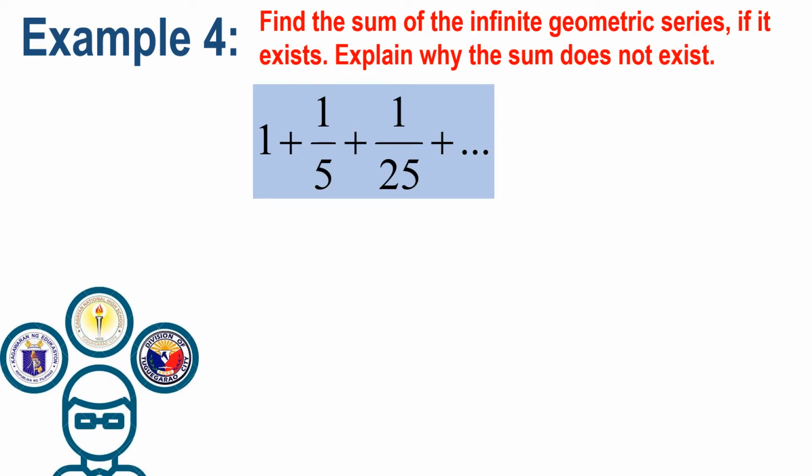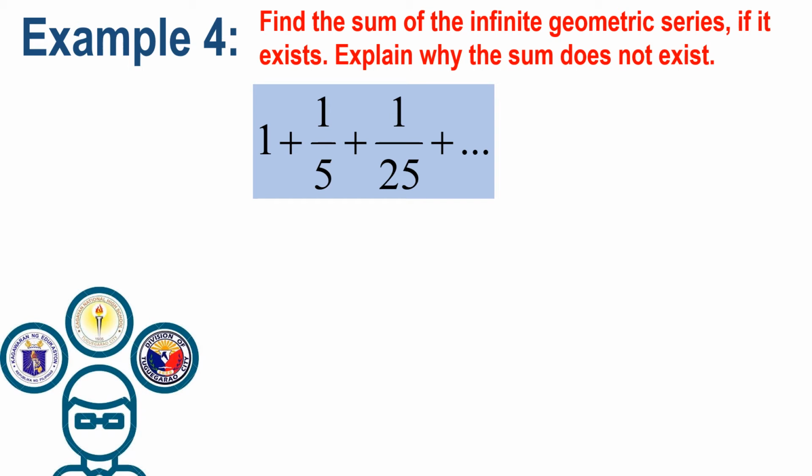Okay, class, let's make use of the formula in solving example number 4. Find the sum of the infinite geometric series if it exists, and explain why the sum does not exist if, of course, it does not exist. The series is 1 plus 1 over 5 plus 1 over 25, and so on.